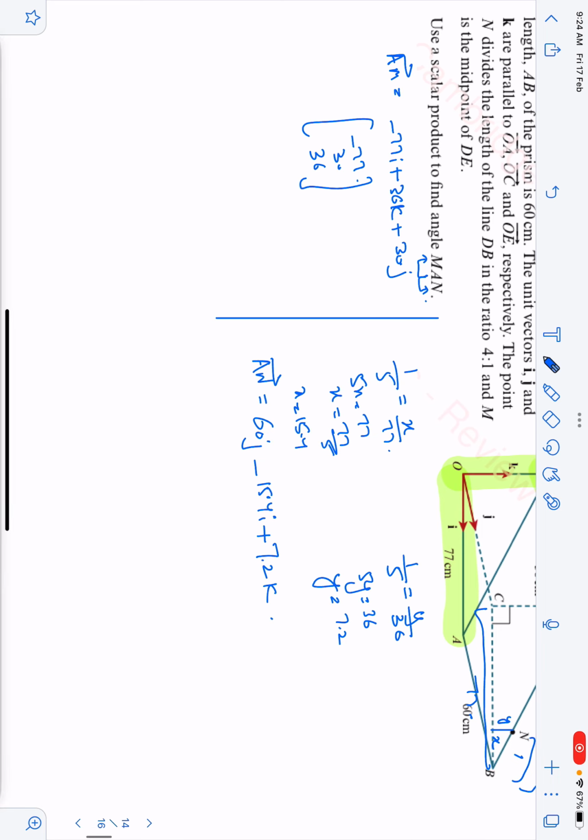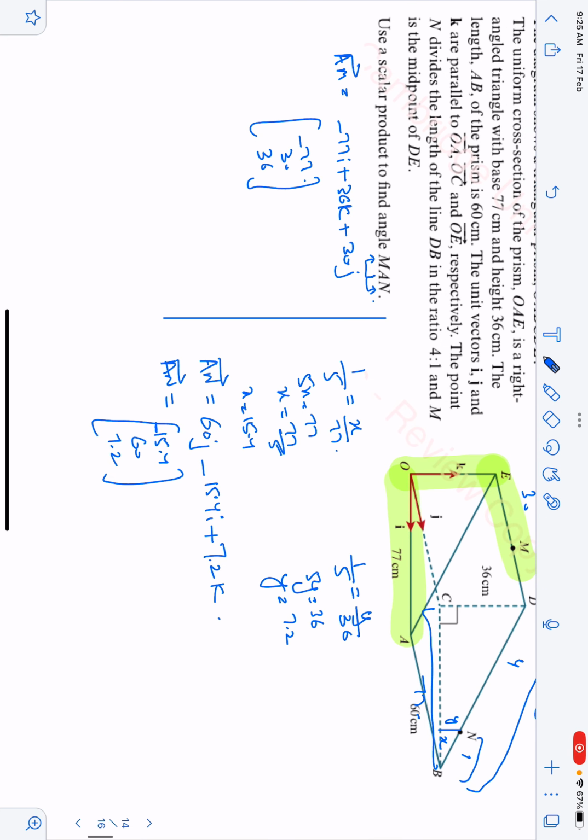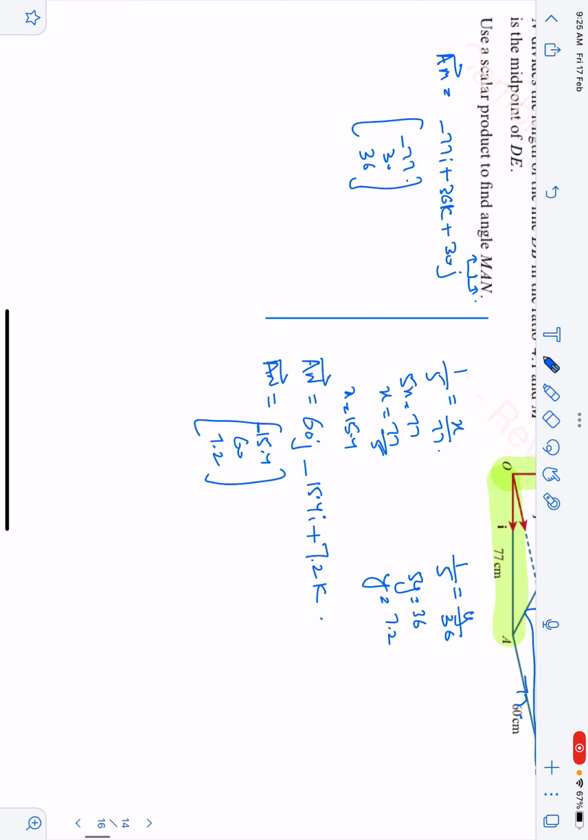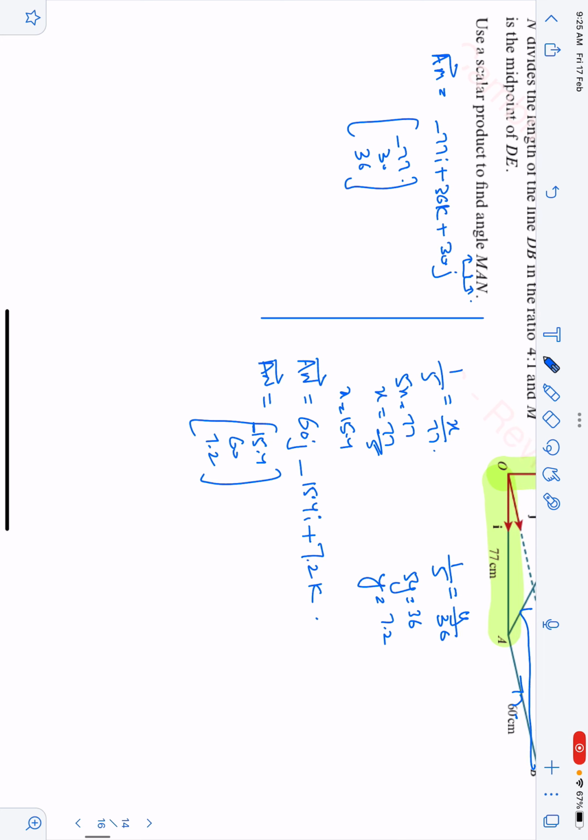I can write it in the form of a vector like this. AN is going to be negative 15.4, 60 and 7.2. This is the vector which I have now. Now I have to find the angle between them. So let's do that.